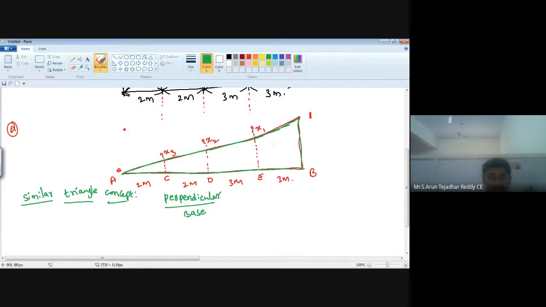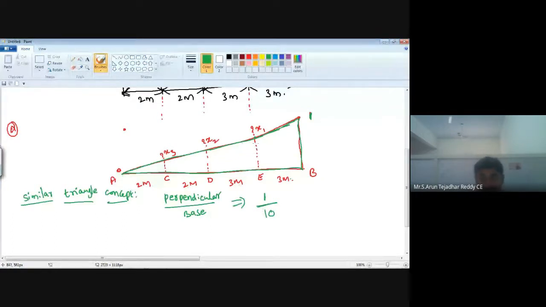In this first triangle, what is the perpendicular and base? Perpendicular is 1 by base. Base is A to B: 2 plus 2 plus 3 plus 3, that is 10.